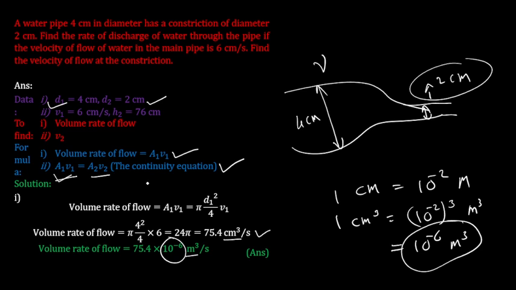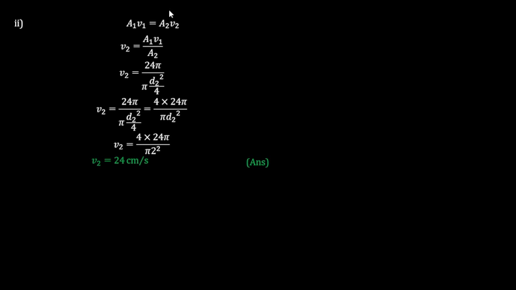We use this continuity equation and then find the velocity V2 at the constriction, given the areas of the constriction and main pipe and the velocity of flow in the main pipe. We start with this continuity equation and then we adjust this equation to give V2.